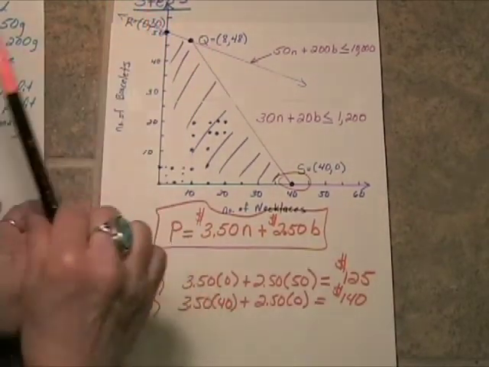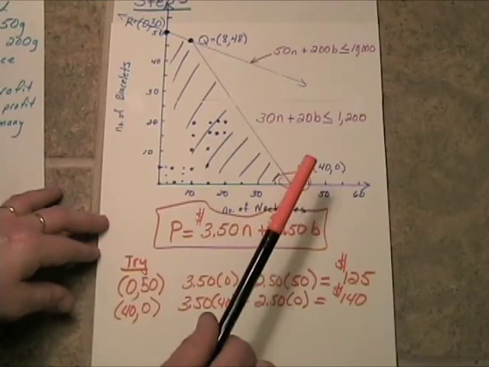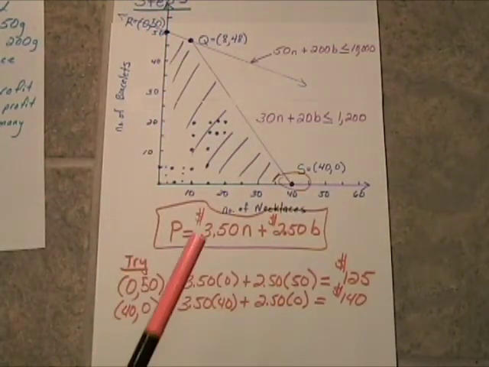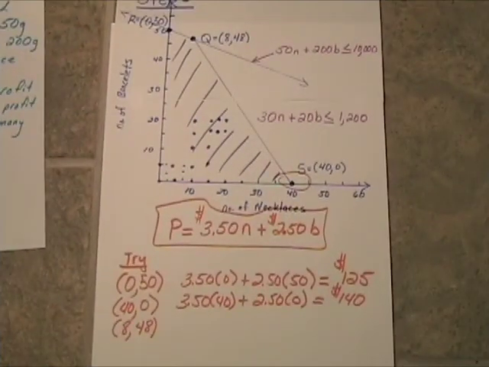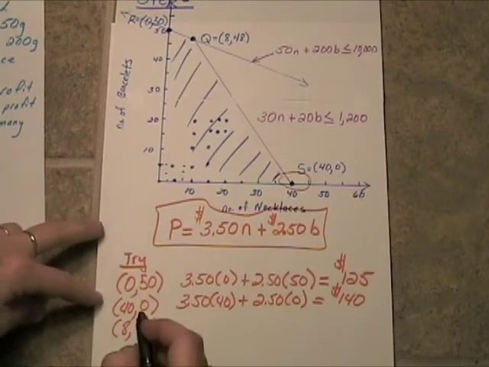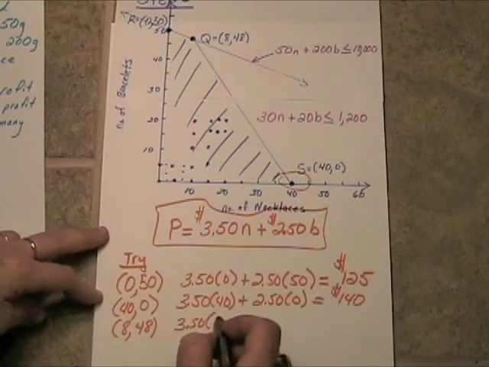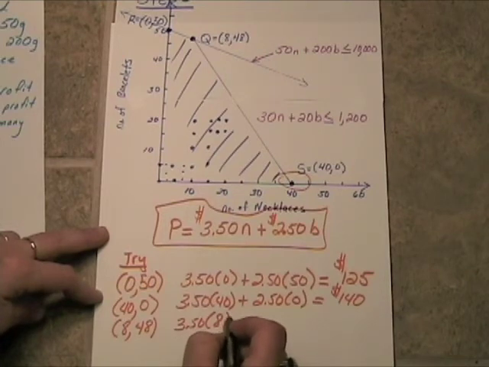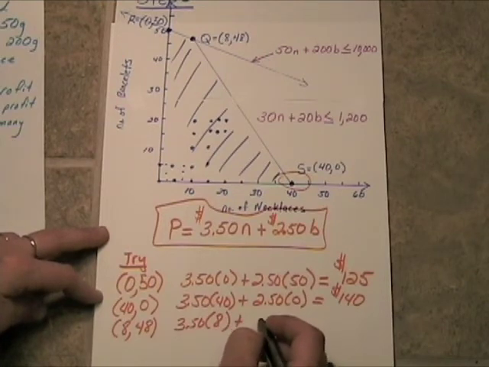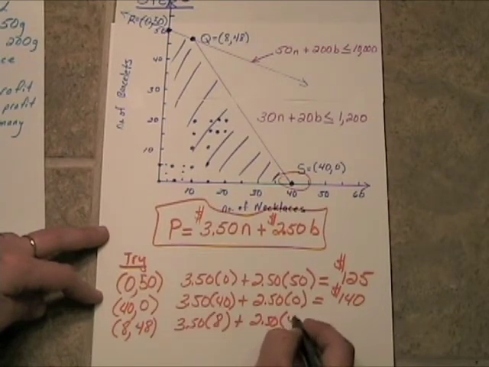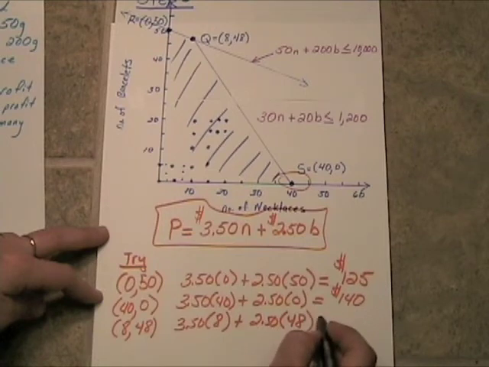So this option is actually going to produce more money than that option, but there's still one more to consider. We have to take a look at this vertex. If we make 8 necklaces and 48 bracelets, that'd be $3.50 times 8 necklaces plus $2.50 times 48 bracelets.